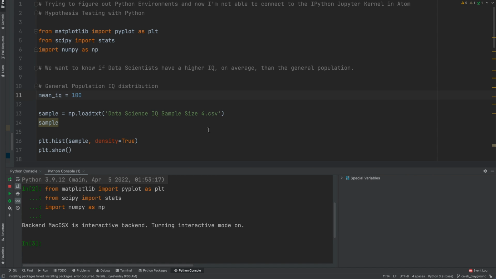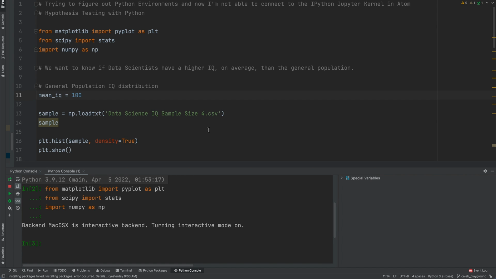The way that IQ is designed is to have a mean IQ score of 100 for the whole population. So we'll be basing everything off of a mean IQ of 100 for the total population. I've got some fake data of data scientist IQs, and I'll be pulling a couple of samples from those along the way as we go.